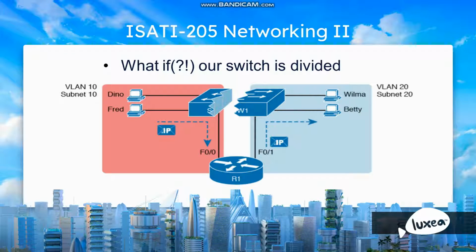So, what if our switch is divided like this? Don't worry, we have a router. A switch doesn't route between the VLANs, because the network must use a device that acts as a router or has some functions like a router. So let's split this switch into parts with two different VLANs. Left is VLAN 10 and the right one is VLAN 20.